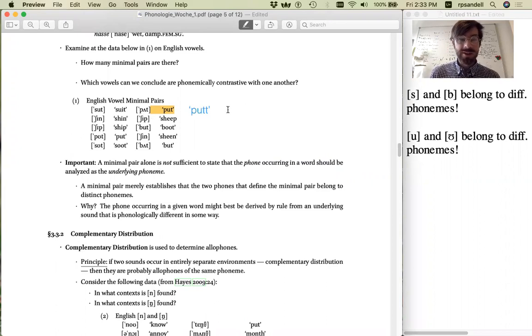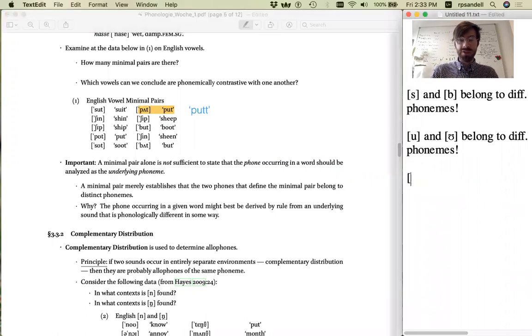So knowing that, we can still try to look for some minimal pairs. So minimal pairs here between put and but. So there we have a voiceless labial stop and a voiced labial stop. And do we have any other difference?